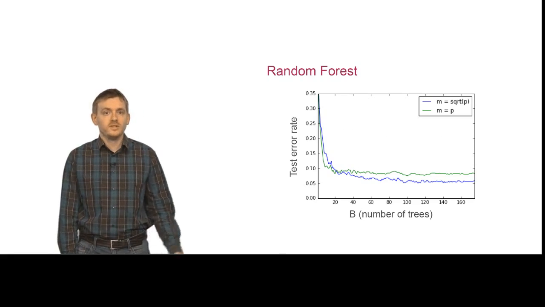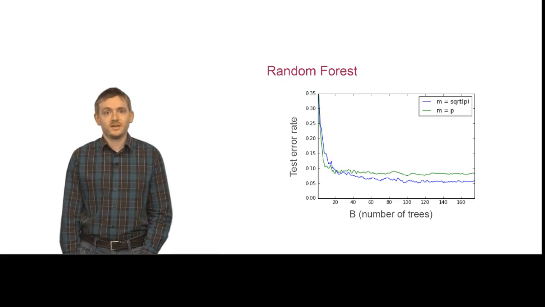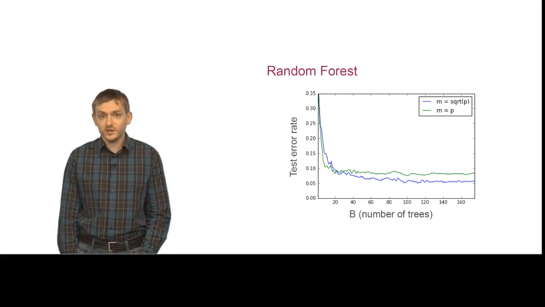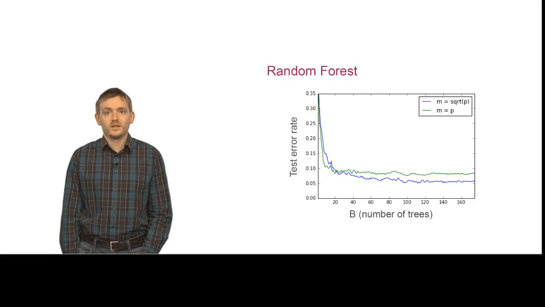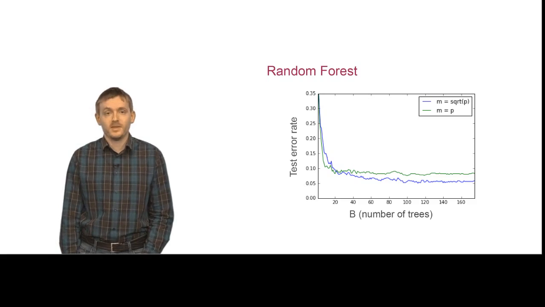I want to show you this diagram. Here are the results of training of 2 random forests. The first variant is marked with green here, and it is the variant where at each step m equals p.